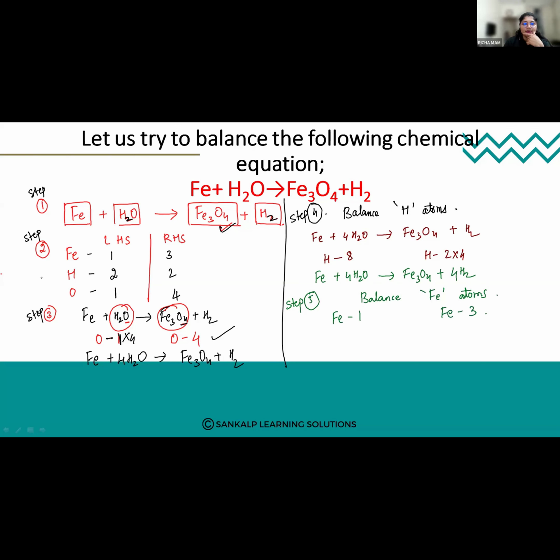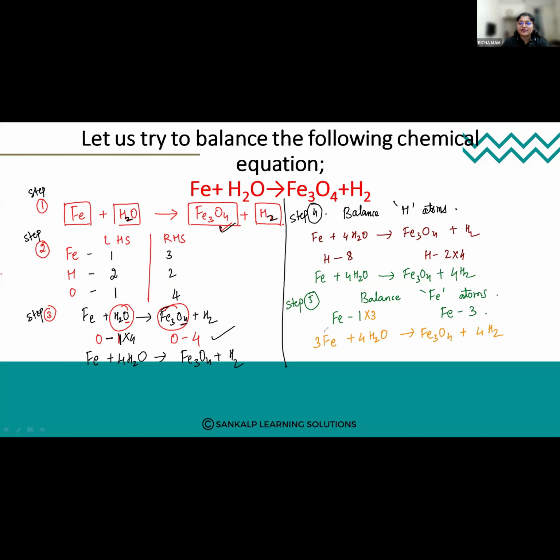I am going to multiply the left hand side by 3. If I multiply it by 3, then the number of iron atoms on both sides will be the same. So it is 3Fe plus 4H2O giving you Fe3O4 plus 4H2.